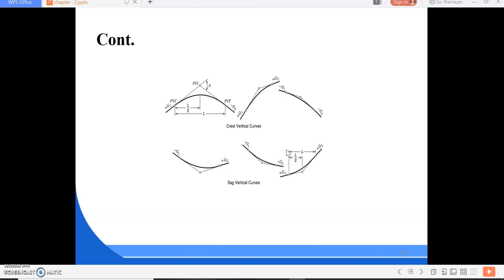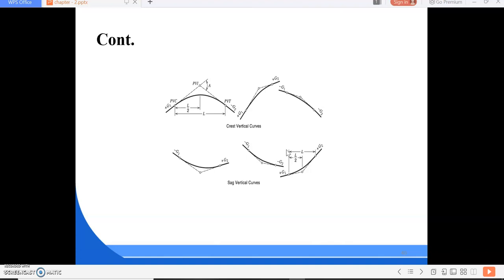When a fast moving vehicle is traveling along a summit curve, the centrifugal force acts upward, against gravity, and hence part of the pressure on the tires and springs of the vehicle is relieved.